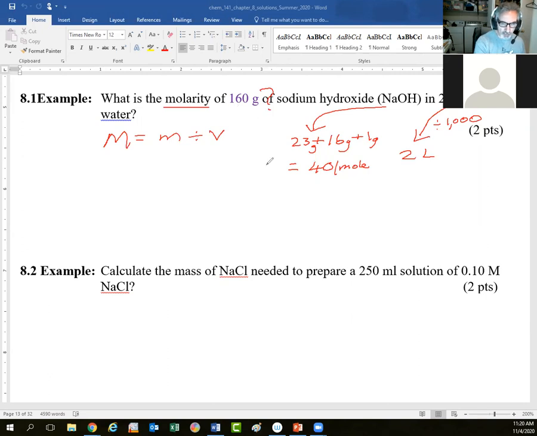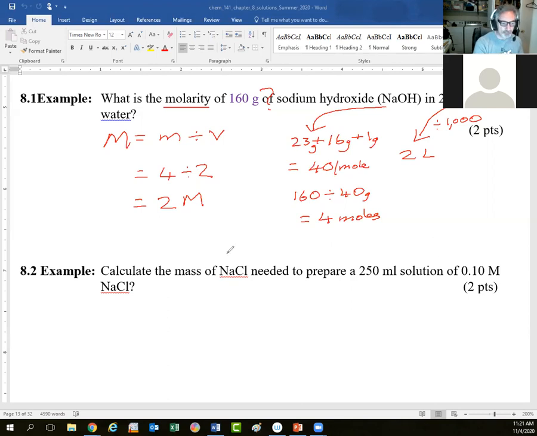We can now work out how many moles we've got because we've got the total mass of 160 divided by the mass of 1 mole. That comes to 4 moles. So we can plug that into our original calculation: 4 moles divided by a volume of 2 liters gives us a molarity of 2. For every liter of solution, we've got 2 moles of the sodium hydroxide.